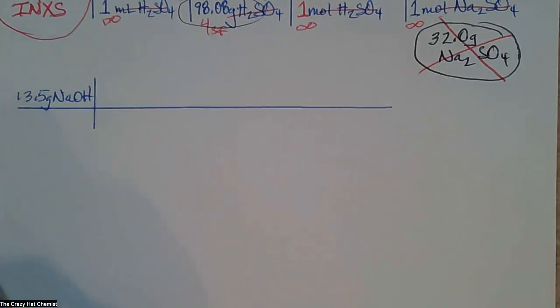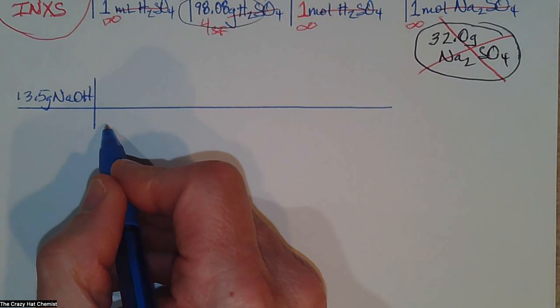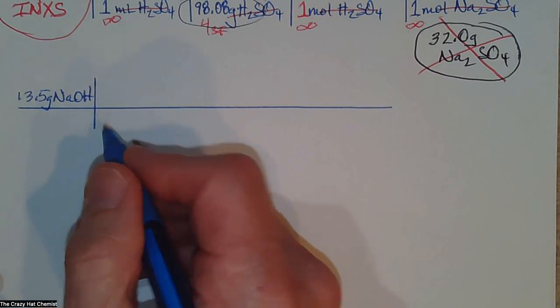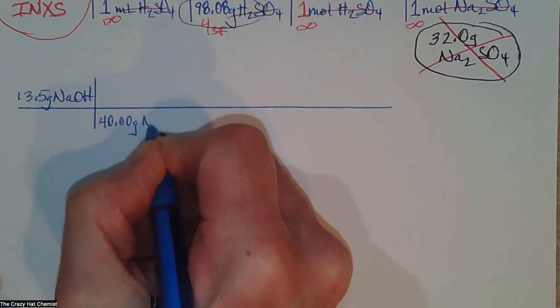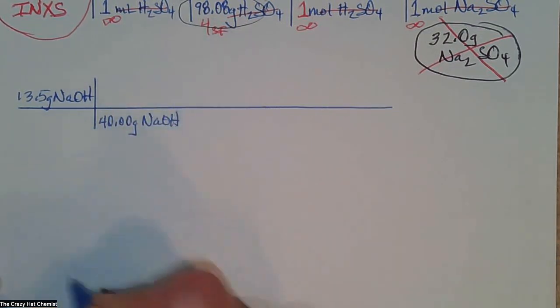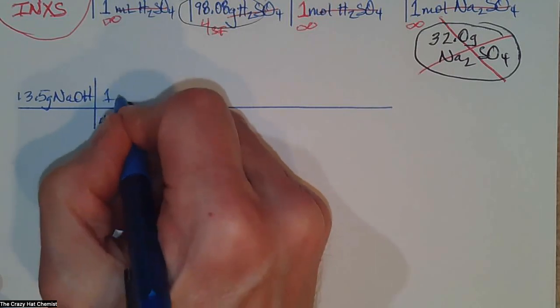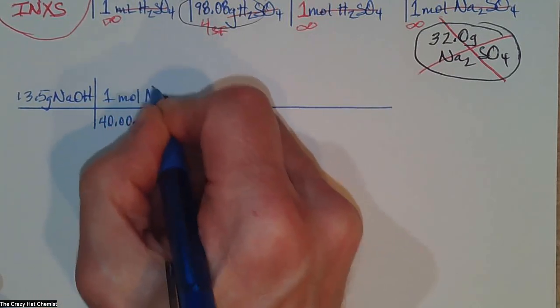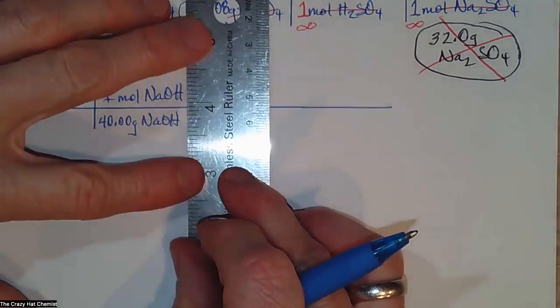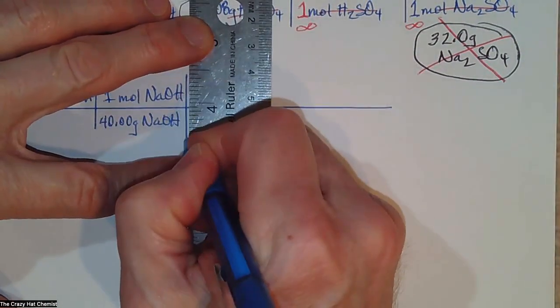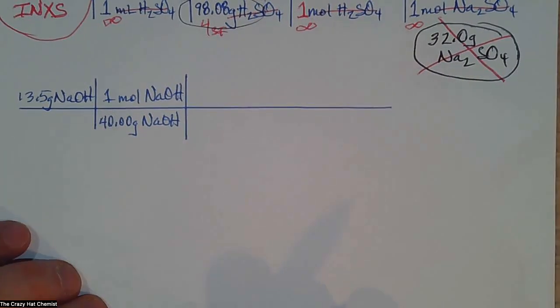So this is grams of sodium hydroxide. I will have grams of sodium hydroxide here. We have already previously calculated that. That is 40.00 grams of NaOH, which is equal to 1 mole of the same formula, NaOH. Again, ultimately, what I'm trying to do here is get to the other reactant.